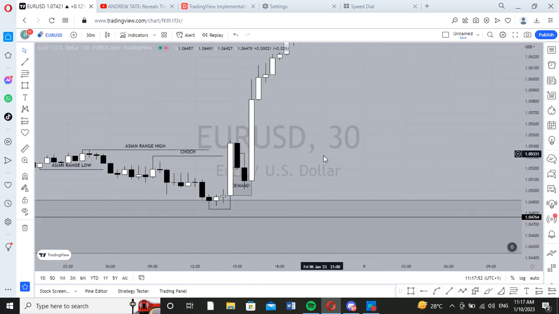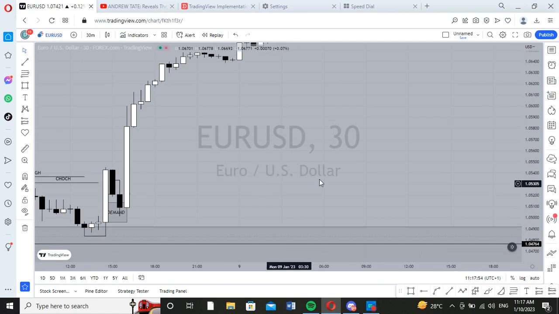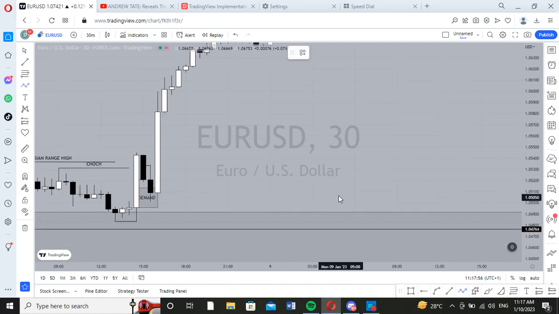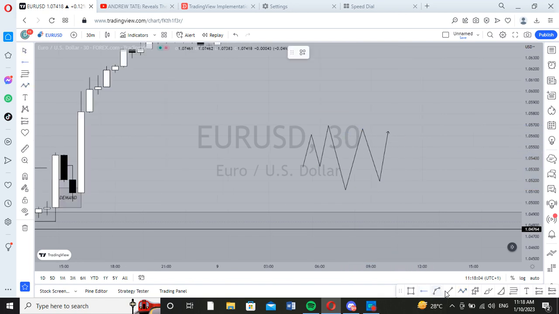It is just simple. It's an ICT concept where you have an Asian range, price opens. You know we don't trade Asian, right? So let's just say price opens, and we are having Asian high right here, and we're having Asian low right here.